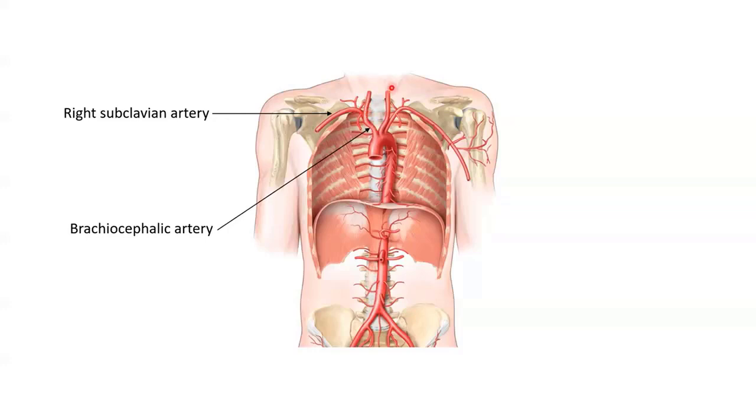We have our left common carotid artery, which branches directly off the aorta and runs up the left side of the neck. Combined, both of these arteries are simply referred to as our common carotid arteries. Our final vessel, which also branches directly off the aorta, is the left subclavian artery, which supplies blood to our left arm.